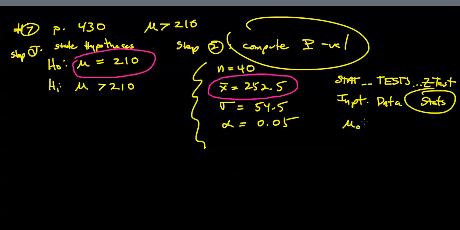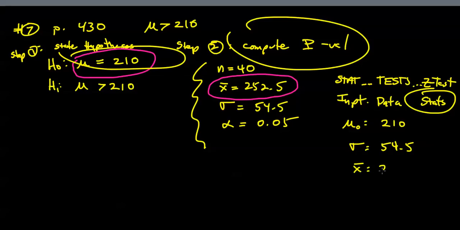Alright, what are we going to enter in here? Mu sub 0, again, that's the TI code for the statement mu equals 210, labeled as H0, so the TI labels that mu sub 0. Alright, so we'll put mu sub 0 equals 210. Sigma is 54.5. That's assumed to be known, and notice the TI calculator knows that you're assuming that to use the z-test, so they've labeled it as sigma. That's nice.